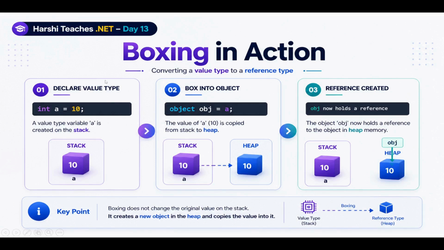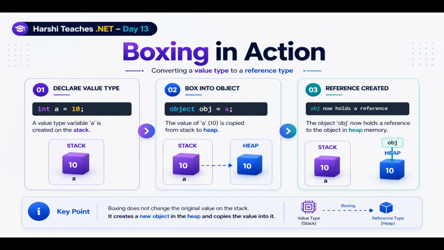First, we start by creating a value type. Here we have int a = 10 and this value is stored in the stack just like any normal value type. Next, we assign this value to an object. Here, when we do object obj = a, boxing happens. At this moment, .NET creates a new object in the heap and copies the value of a, that is 10, from stack into the heap.